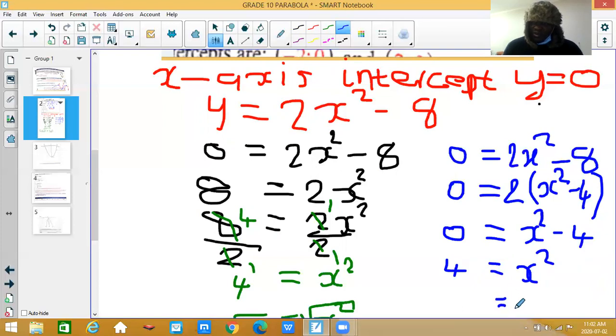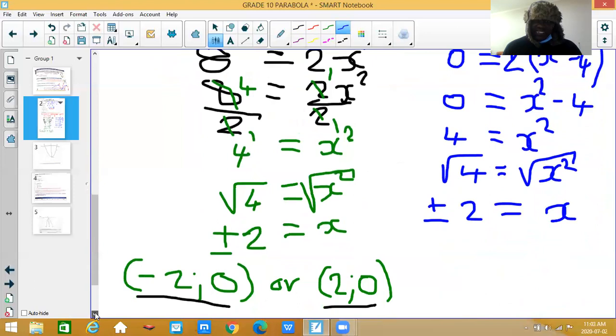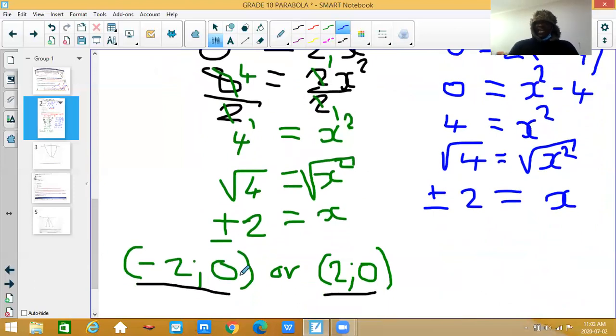Now, you want to find the value of x, not x squared. You find the square root both sides. You need to be careful. When you are finding a square root, the square root of x squared is x. The square root of 4, be careful, it's plus or minus 2, which boils down to the same scenario that we got, and we write it like that.